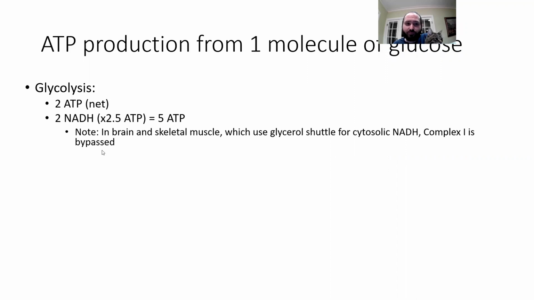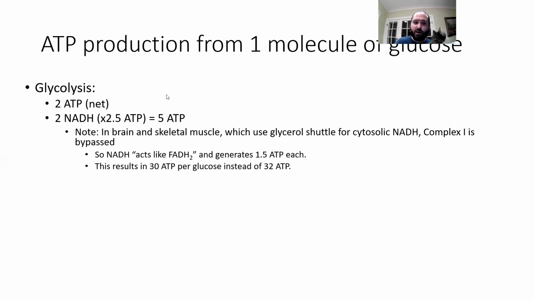And remember, in the glycerol shuttle, which is present in brain and skeletal muscle, I don't know if I mentioned that previously, for cytosolic NADH, which comes from glycolysis, complex 1 gets bypassed. So in those types of tissues, NADH acts like FADH2 and generates only 1.5 ATP each for a total of 3 ATP as opposed to 5.